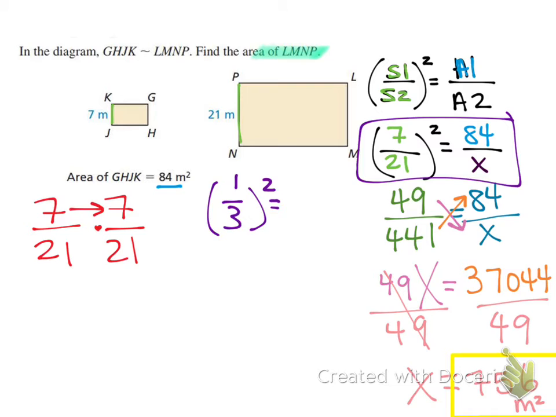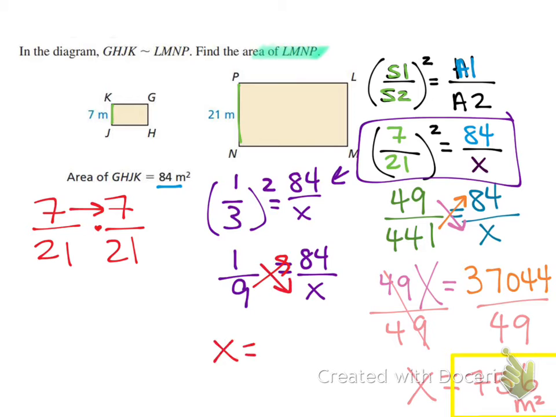If you're not good at reducing, then don't go for it because it will mess up your whole problem. You still would square it. What's 1 squared? And 3 squared? And it equals 84 over X. Guess what 9 times 84 is? 756, which is the answer.